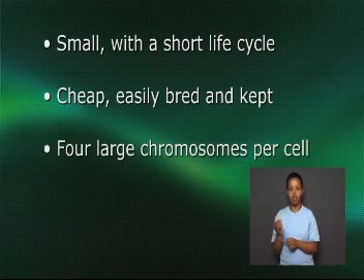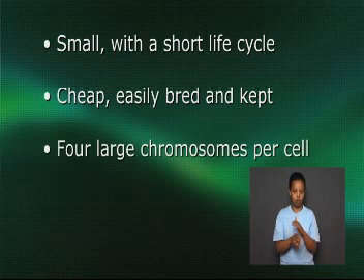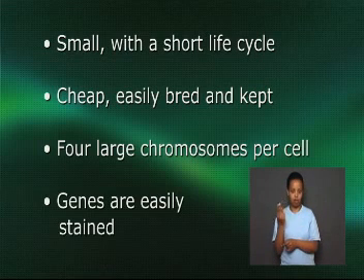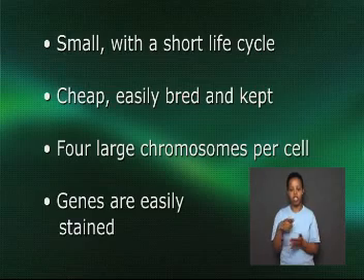They have 4 pairs of chromosomes per cell, and the chromosomes are large and easy to see. Scientists can use staining techniques, which reveal dark bands that correspond to particular genes. I am confident that you were able to come up with some of these answers yourselves.